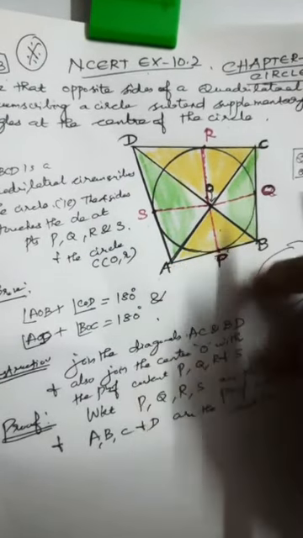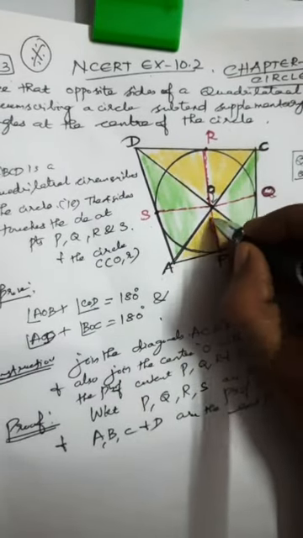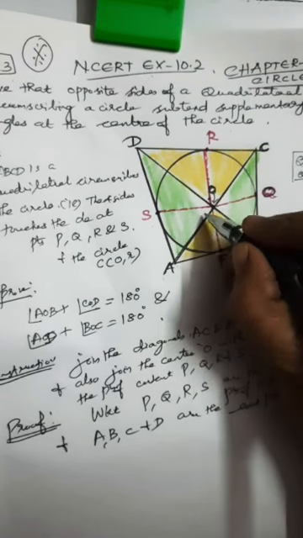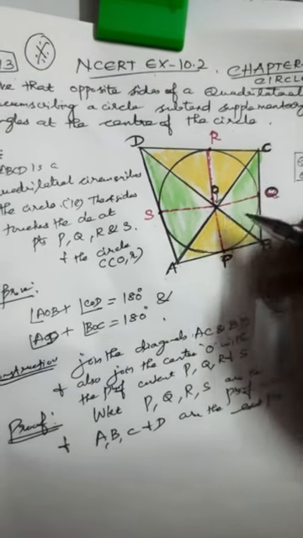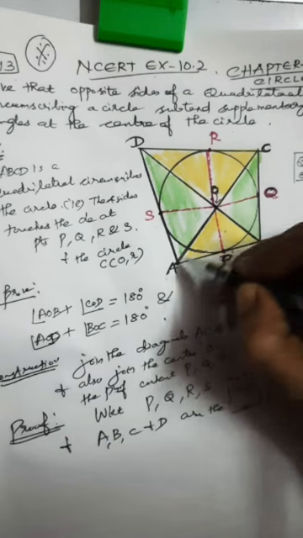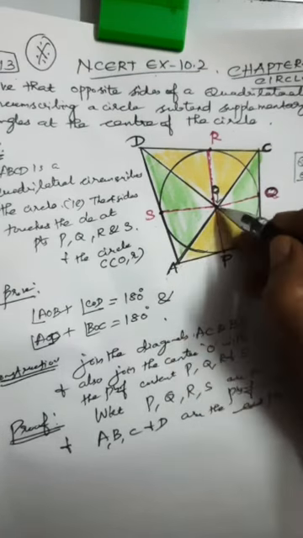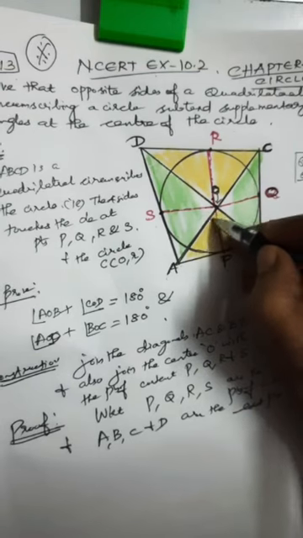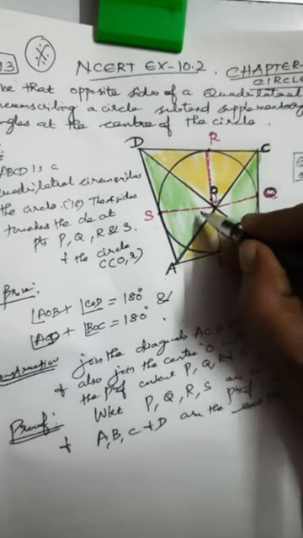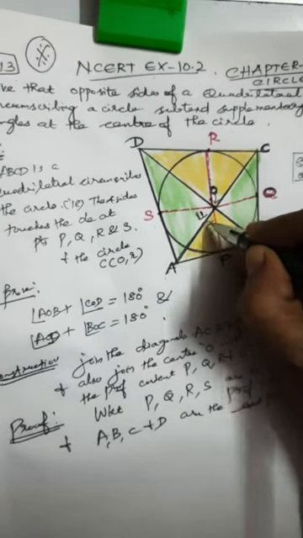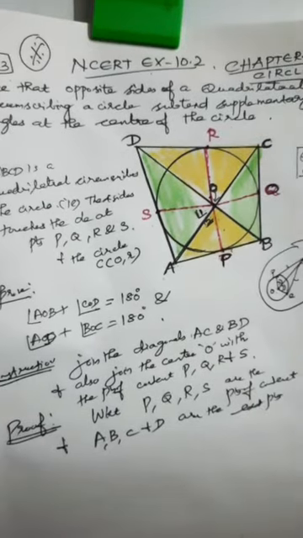This pair of tangents subtends equal angles at the center. So from external point A, the two tangents are subtending equal angles at the center. Let it be angle 1 and angle 2.